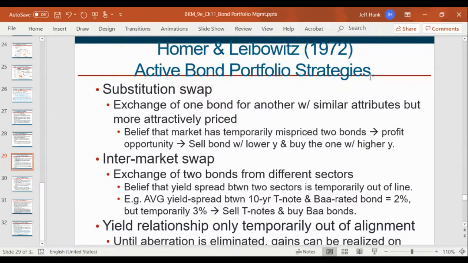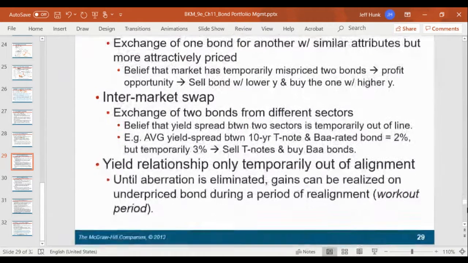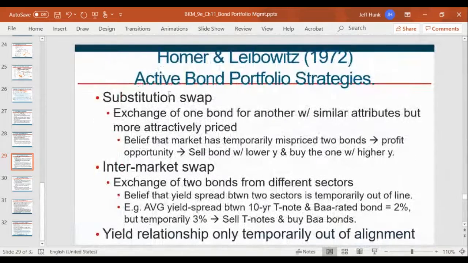Homer and Liebowitz, remember these guys, the Malkiel theorems, right? They suggested some active bond portfolio strategies. And according to them, there are two types of swaps. We also talked about this in the last class: substitution and intermarket swap.